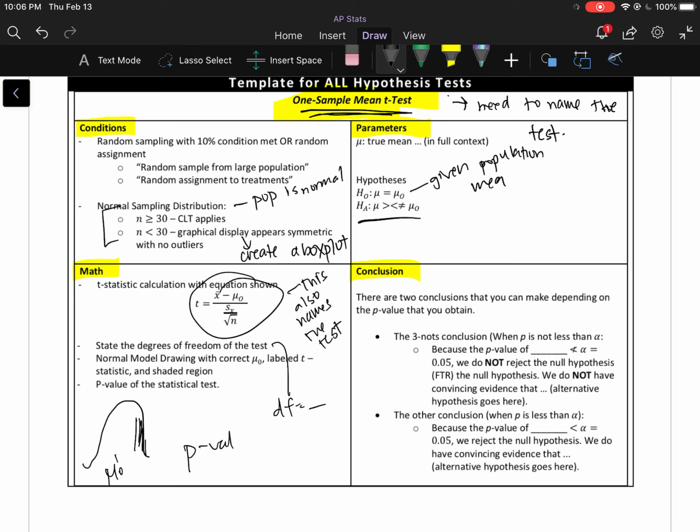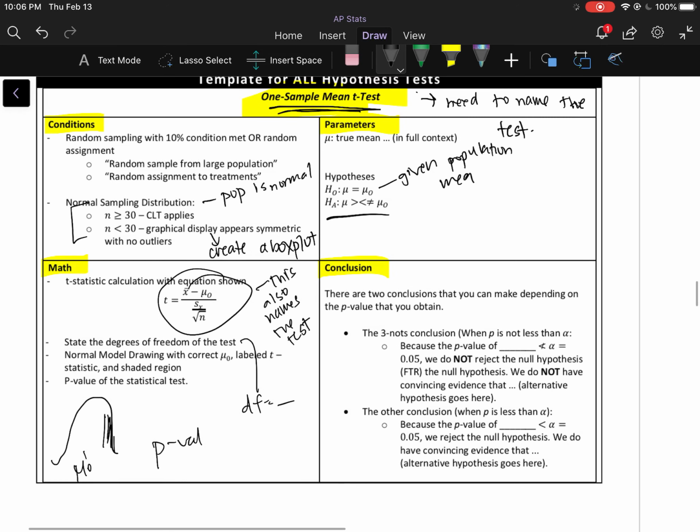In your conclusion, there's 2 conclusions that you can make, depending on what the p-value is. I like to think of the 3 knots conclusion for when p is not less than alpha. So because the p-value of our sample mean is equal to blank, which is not less than alpha, meaning the p-value is greater than alpha, we do not reject the null hypothesis.